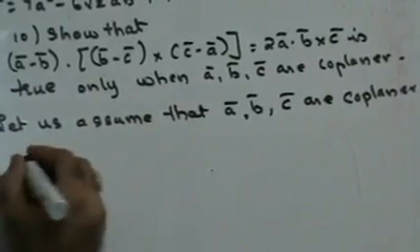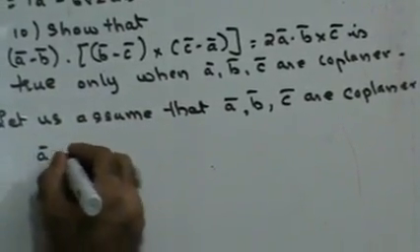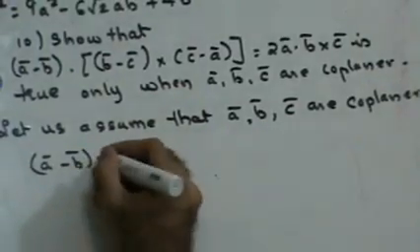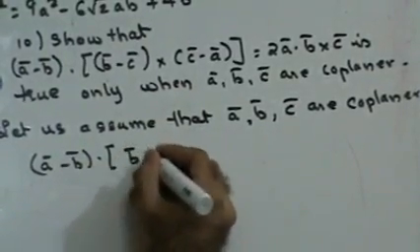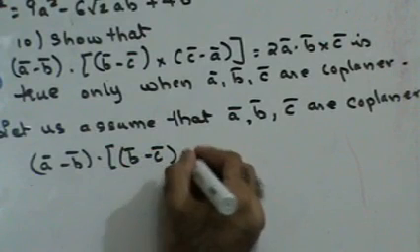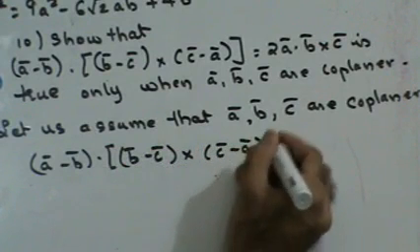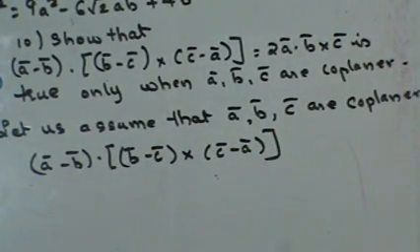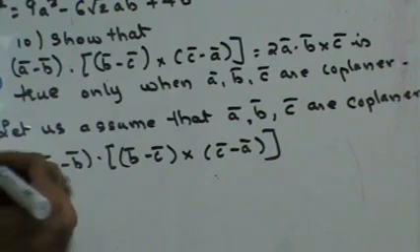Now let's find out the scalar triple product. I can say that a vector minus b vector dot b vector minus c vector cross c vector minus a vector, let's find out this value, the LHS.